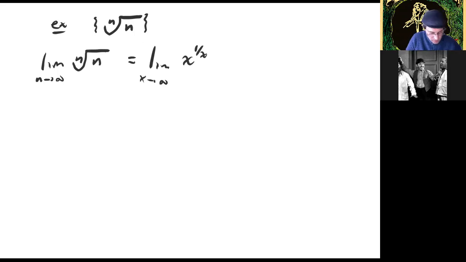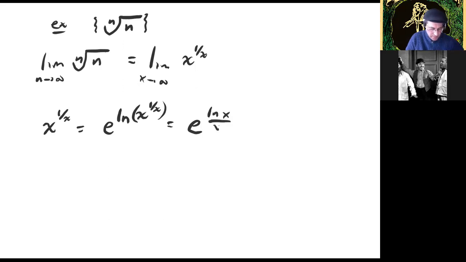Here's what I'm going to do. I'm going to think of x to the 1 over x as e to the power of ln of x to the 1 over x, which is the same as e to the power of ln of x divided by x, because x to the power of 1 over x brings the 1 over x outside.